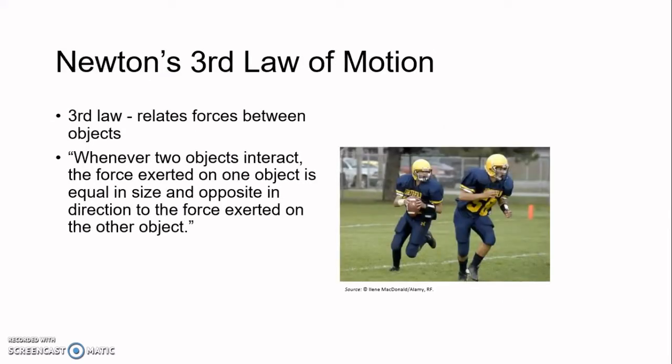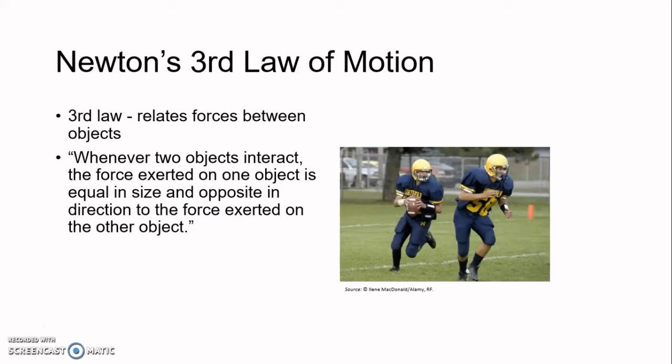Newton's third and final law of motion talks about a relationship between forces of objects. Whenever two objects interact, the force exerted on one object is equal in size and opposite in direction to the force exerted on the other object.